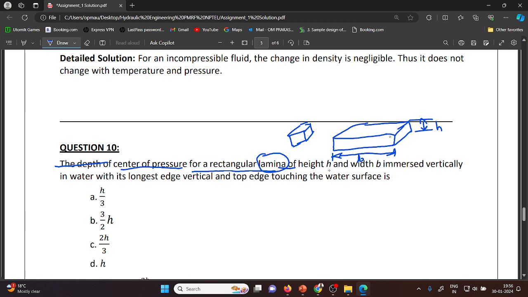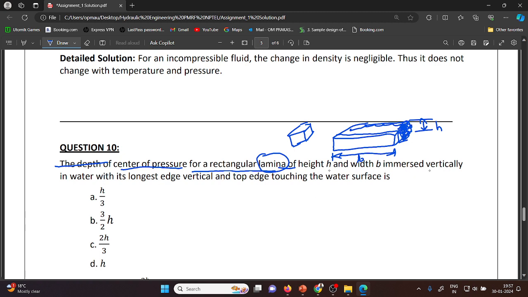If you are dealing with a lamina, your body will be up to that much only, not this much, because it's a lamina. So your height is this much and your width is this much, because your third dimension should be very less.